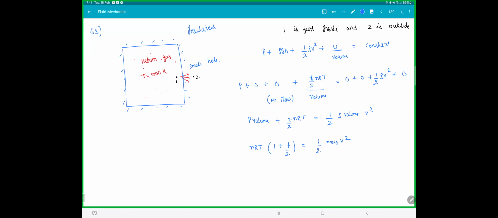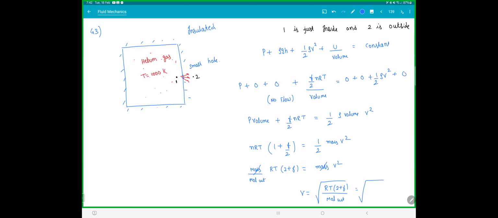And n, the number of moles, is mass by molecular weight. This will be RT times 2 plus F, the 2 will cancel, equal to mass into V square, and mass goes off. You end up with V equal to root over RT times 2 plus F by molecular weight.